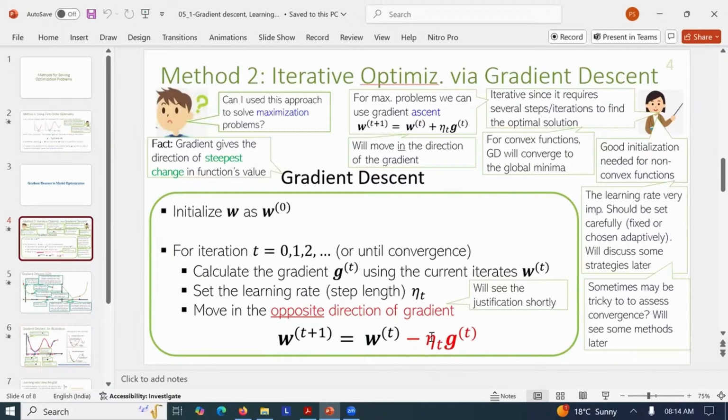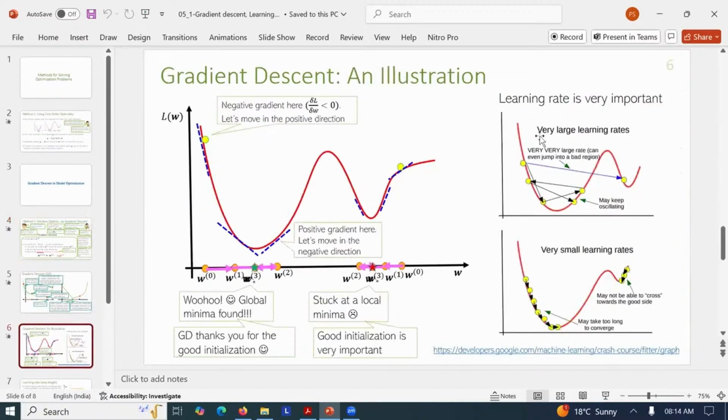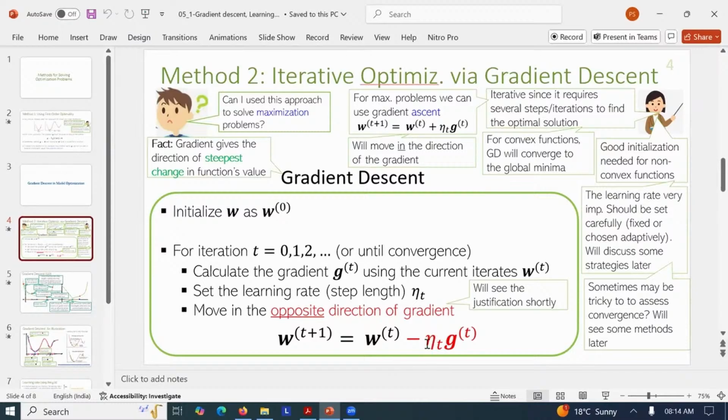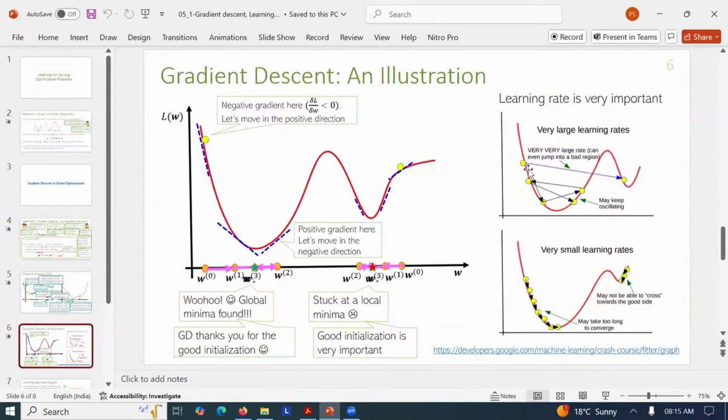So eta_t g_t can be a small value or a large value. If your learning rate is very high, meaning eta_t is high, then eta_t g_t will be large, and the update will be larger. If we use a very large learning rate, it may start oscillating. Why?